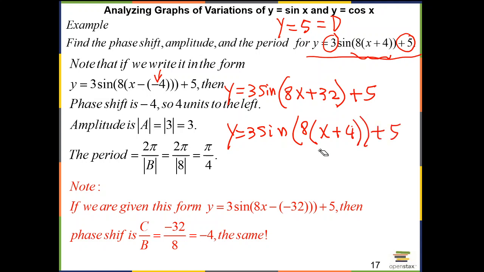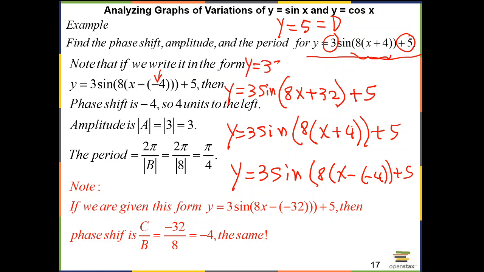And also, we can write it this way. Or we can write it this way. Let me also write it here. See, all these 4 should not confuse you. You should understand that these are all the same, right?